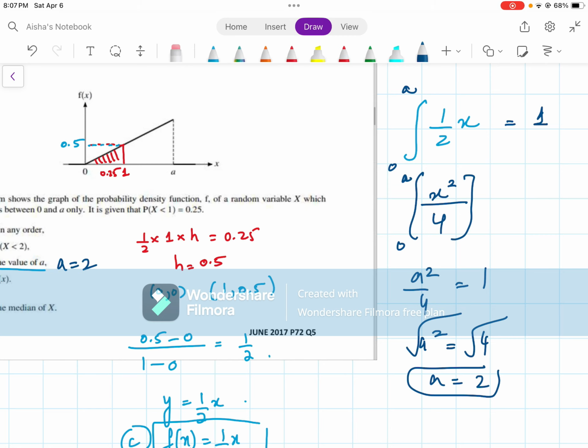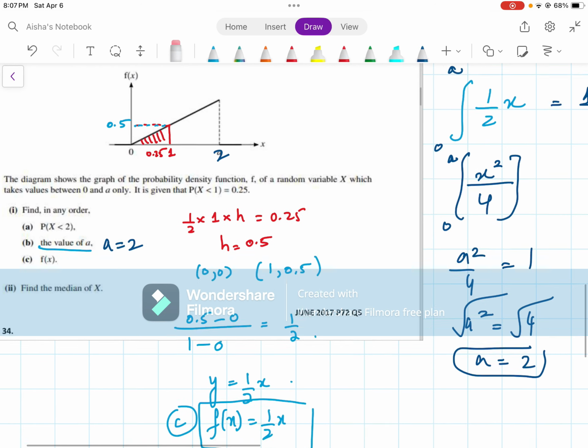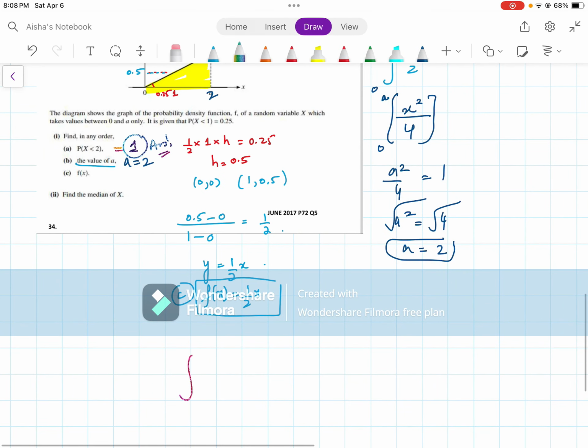Now they wanted to find out the probability of x less than 2. So probability of x less than 2, the value itself is 2, so this is going to be 1 because the entire function is less than 2. So the value of this is going to be 1. Find the median of x. So you know median, lower limit is 0.